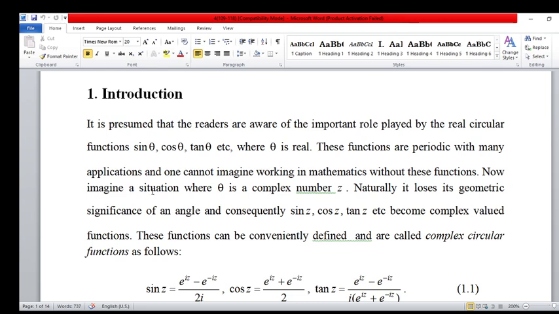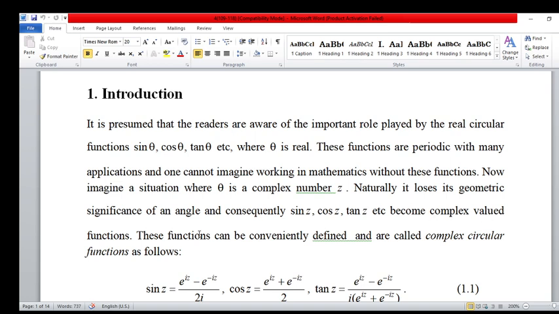Now imagine a situation where theta is a complex number z, meaning the angle is a complex number z. Naturally, it loses its geometric significance as an angle, and consequently sin z, cos z, tan z, etc. become complex valued functions. If theta is a complex number, then sin theta, cos theta, tan theta convert into sin z, cos z, tan z, where z is the complex number.